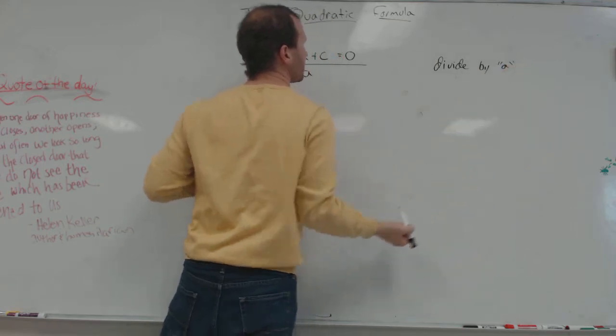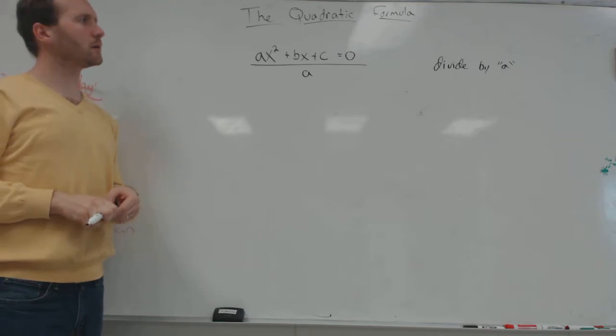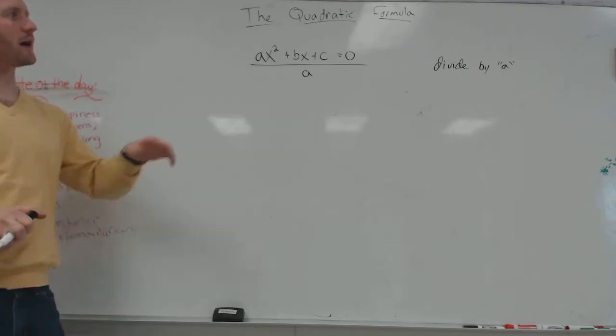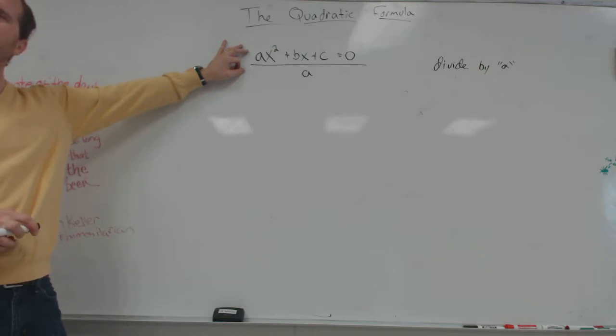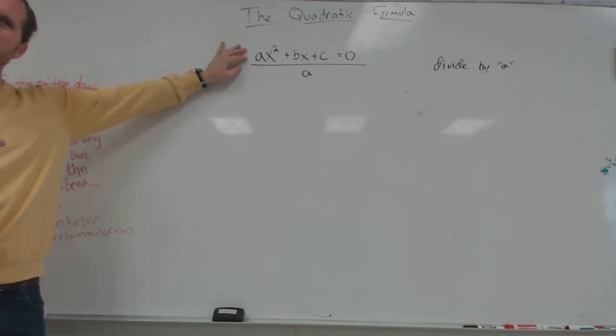What if a were negative? Will that affect this? Right now I'm just saying positive a, aren't I? If I had negative 2x squared, would I get rid of the negative 2? That's exactly what I'm asking you. Would you have to divide by negative a sometimes, or is it always just dividing by a?